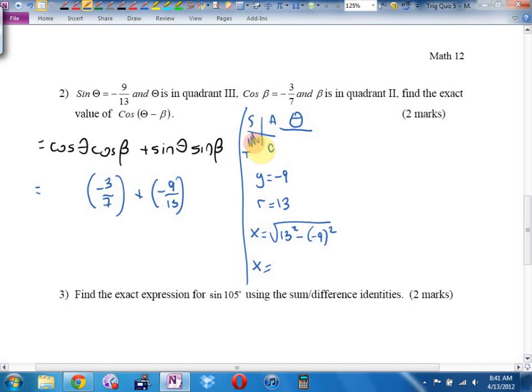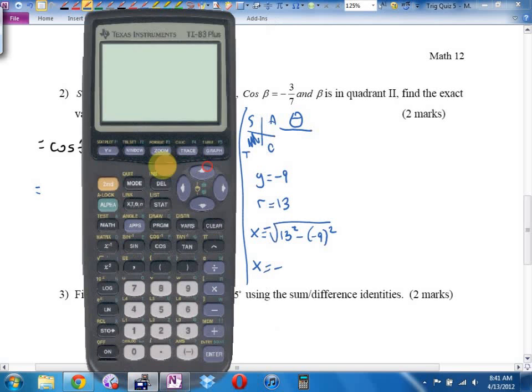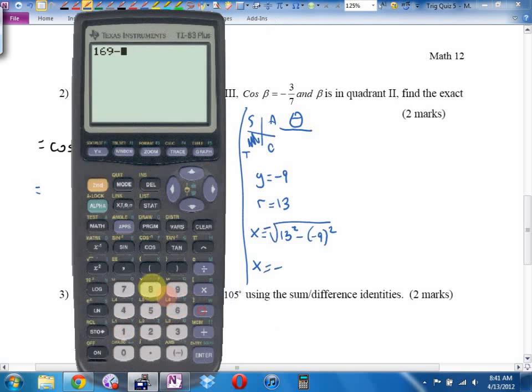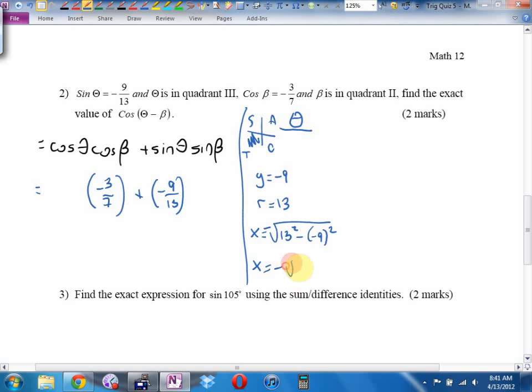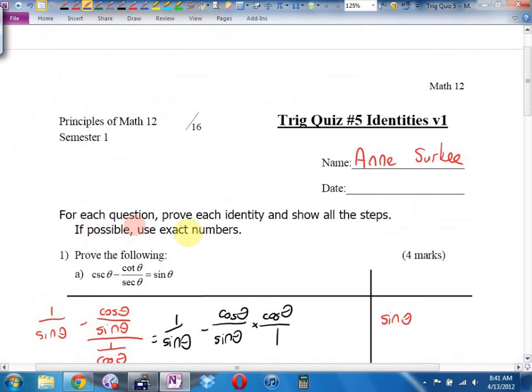Except, wait a minute, in this quadrant to the left of the y-axis, I actually think x is going to be negative. 13 squared is 169. 9 squared is 81. 169 minus 81 equals root 88. Oh. If possible, use exact numbers. Eric, they don't want a decimal.